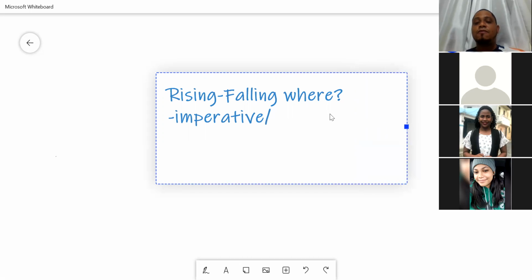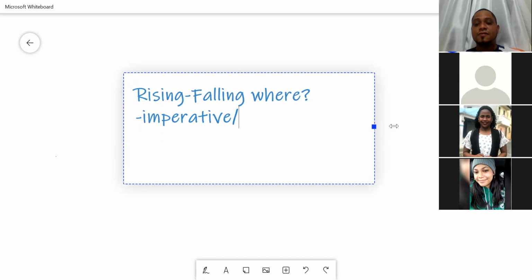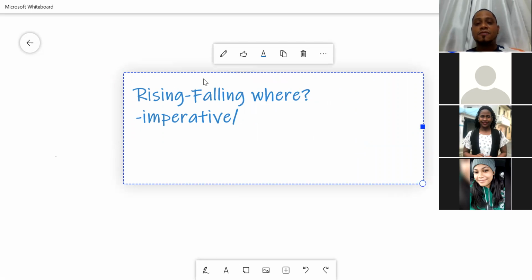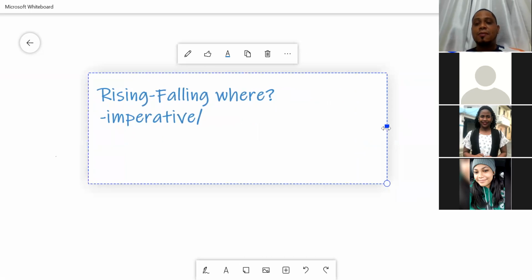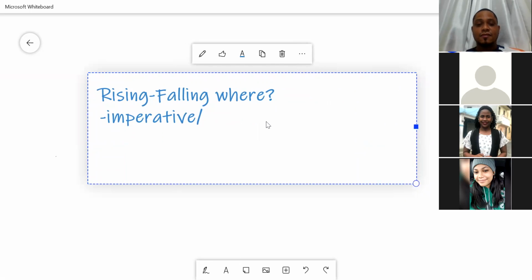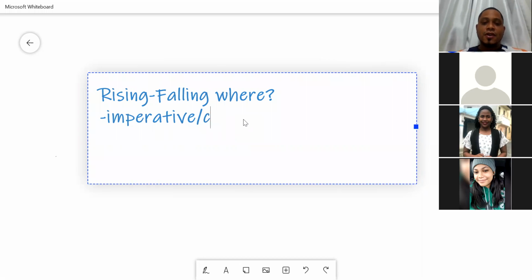What is the synonym for imperative? Oh, you don't remember? Do you remember the other class when you give an order, that it is called a command?